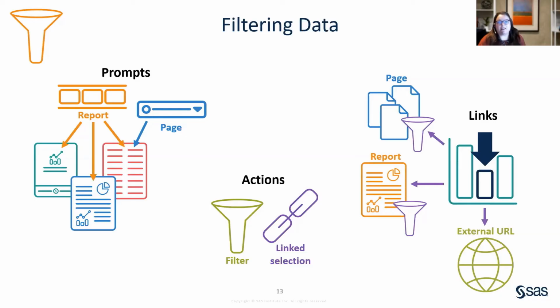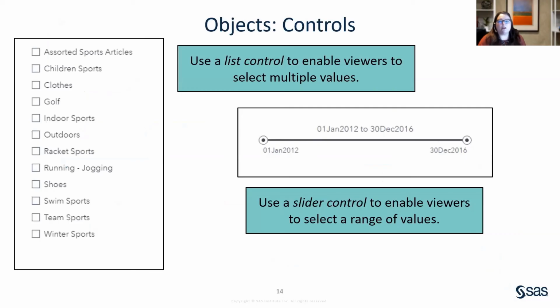Those are actions. And then finally, we could do links. Links are when I make a selection, it takes me somewhere else. Does it take me to another page? Does it take me to a website? Does it take me to another report? Lots of choices there.